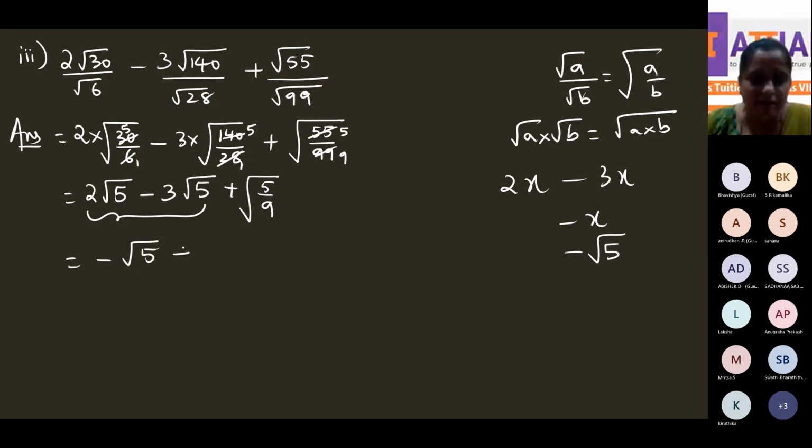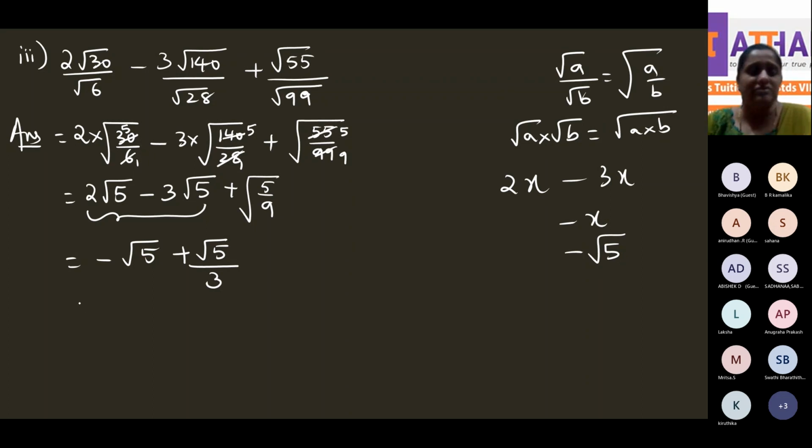And here what happens? Plus root 5 under the square root, divided by, what is the square root of 9? 3. 9 comes freely out of the square root as 3. So that square root symbol is only for the numerator 5. Both 5 and 9 are under the square root, but 9 gets out of the square root as 3, because the square root of 9 is 3, and 5 remains under the square root.